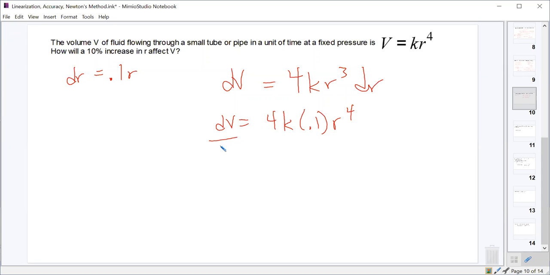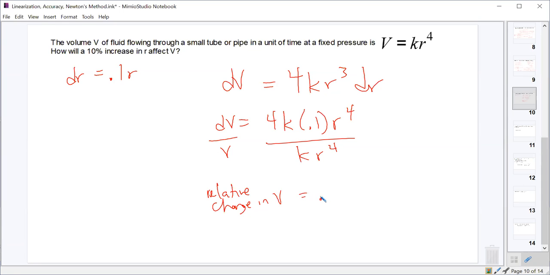So if we divide this by V, that'd be like dividing this by KR to the 4th. Right? And what does that give us? That gives us that our relative change, dV over V, I'll just write that as relative change in V now, is what? 0.4.